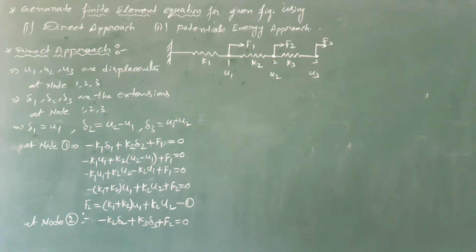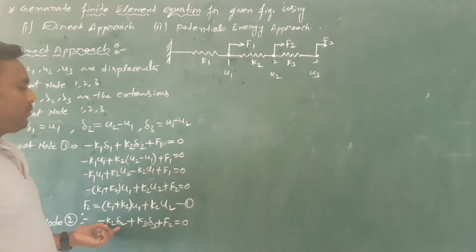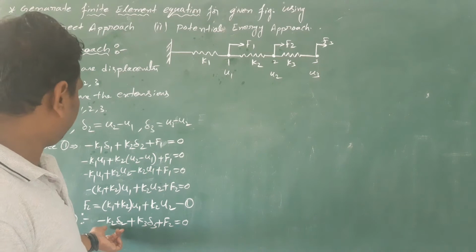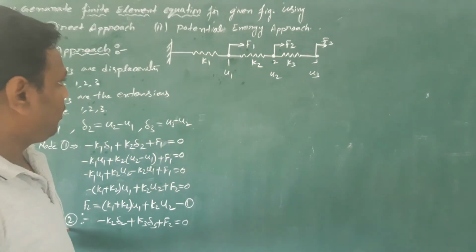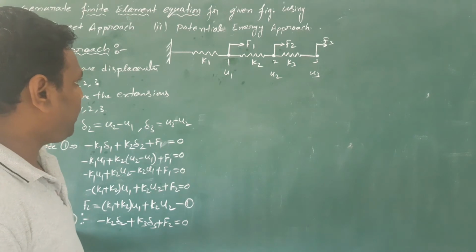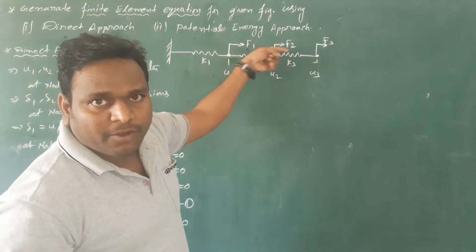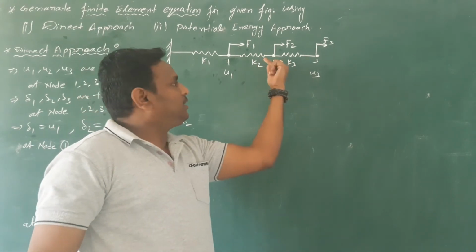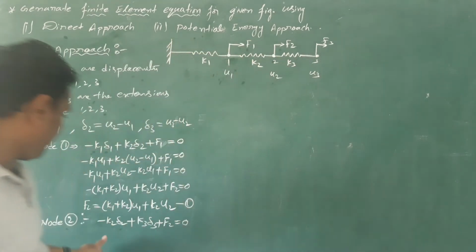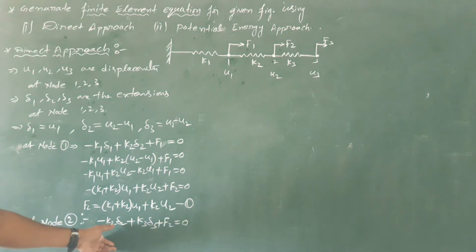I'm repeating again. Minus K2 delta 2 at node 2: the force F2 is applied in the forward direction, and the spring applies a force in the opposite direction, so I write it in the negative direction.